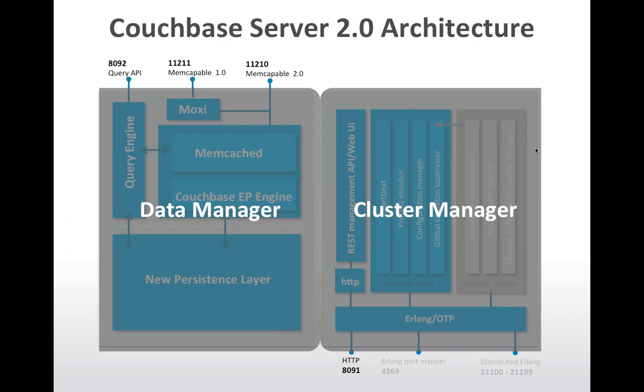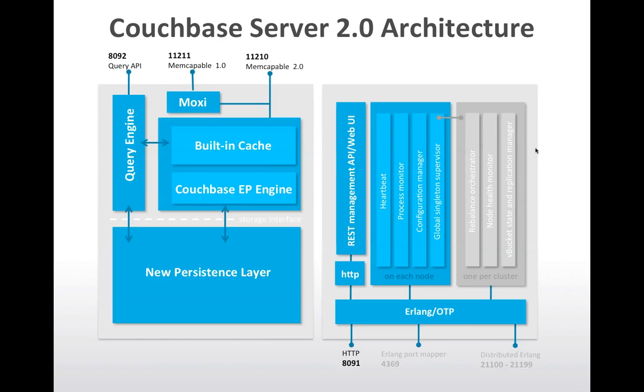All nodes are broken down into two components. We have a data manager on the left and a cluster manager. It's important to realize that these are separate processes within the system, specifically designed so that a node can continue serving its data even in the face of cluster problems like network disruption.